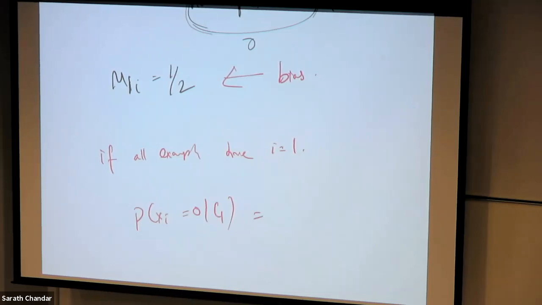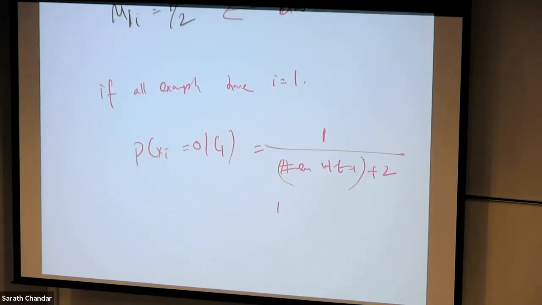How many times have you seen 0? You have not seen 0 at all. You're always seeing 1, but there is this imaginary 1, so you just put a 1 here, divided by the number of examples where t is equal to 1 plus 2, right? So initially it is going to be 1/2. After you see the first example, it is going to become 1/3. Then 1/4. Then 1/5.